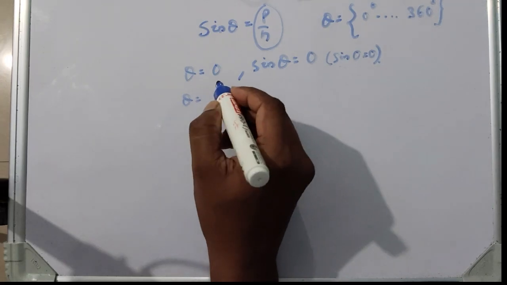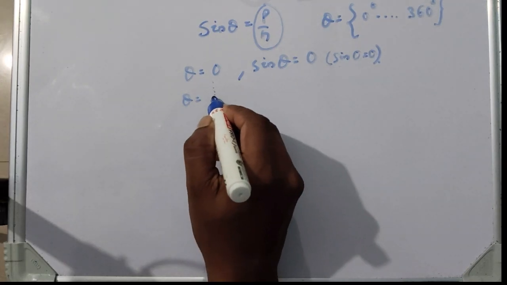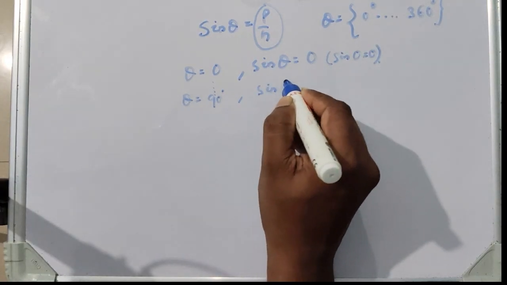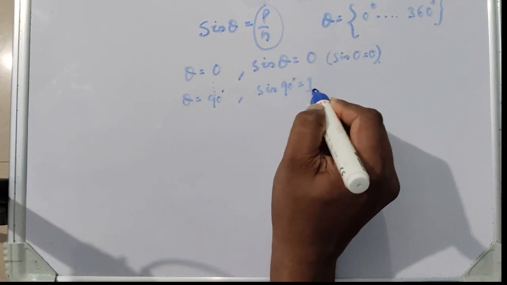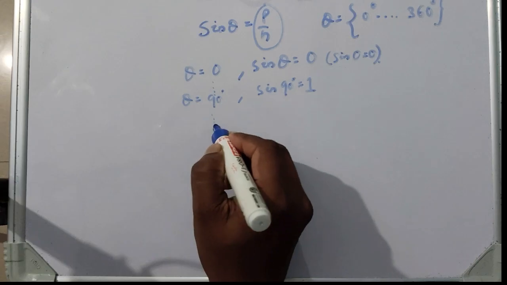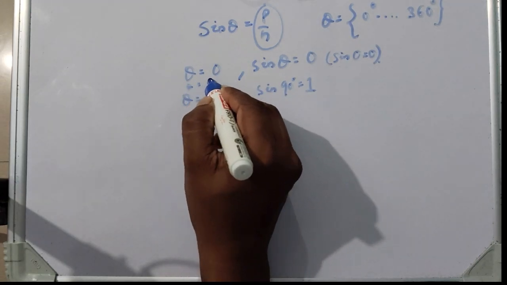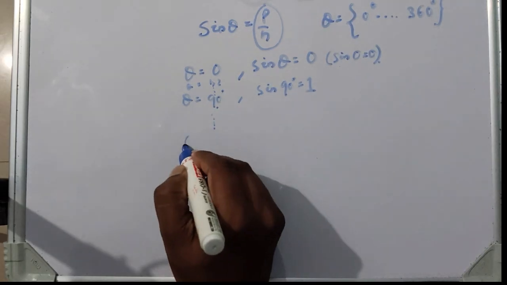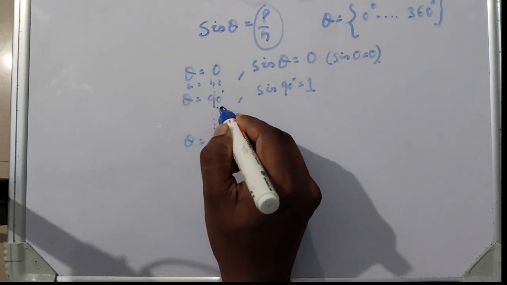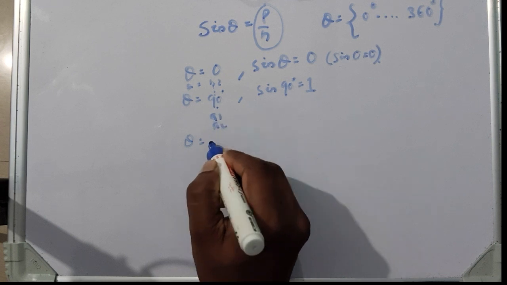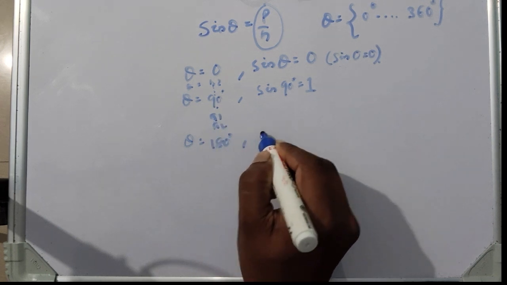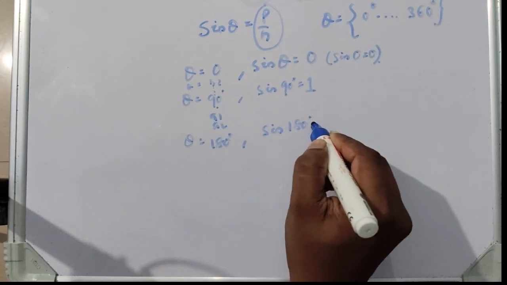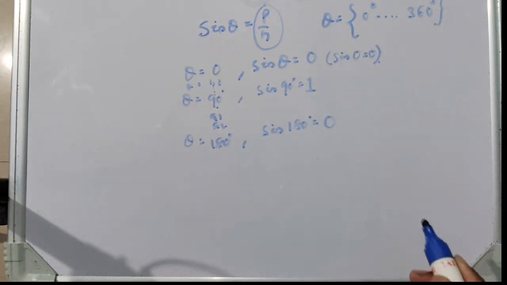When theta is equal to, let's say, 90 degree, then sine 90 is equal to 1. Then theta is equal to 91, 92, 93 up to 180 degree. Then again sine 180 degree is equal to 0.